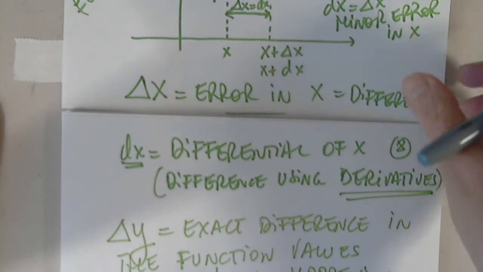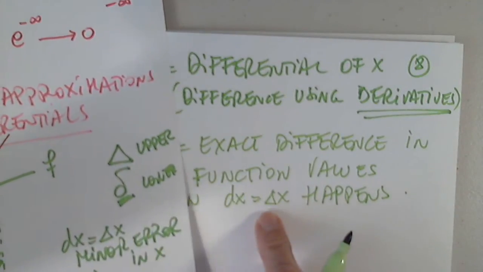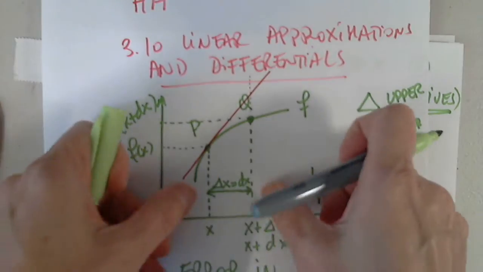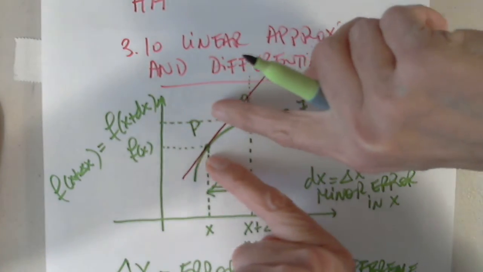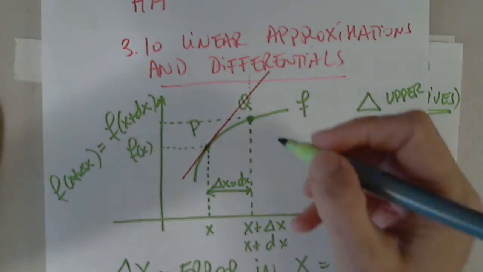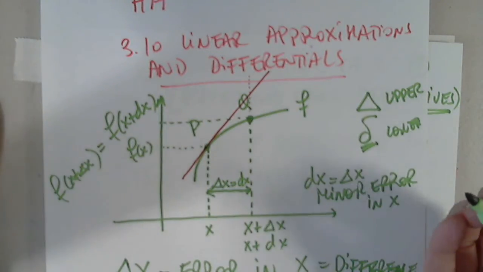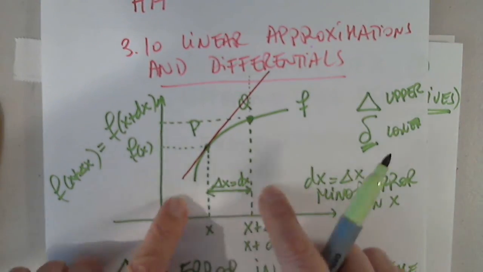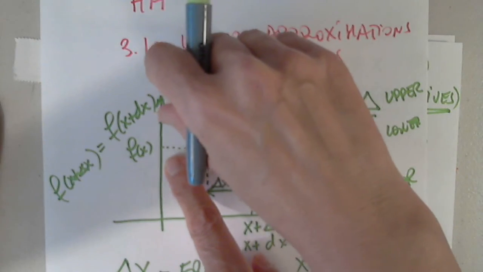So there is an error in x. Any error in x will trigger an error in y. If Q is P, there is no error. There is no change in x, no change in y. But if there is a change in x, that will trigger a corresponding change in the y values.